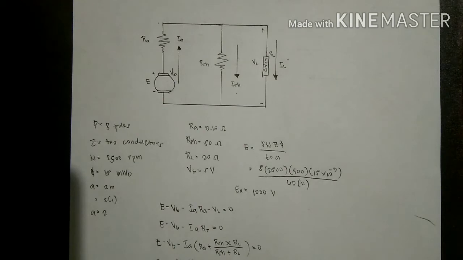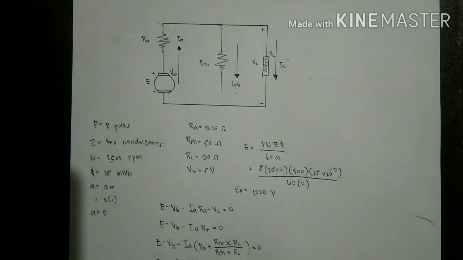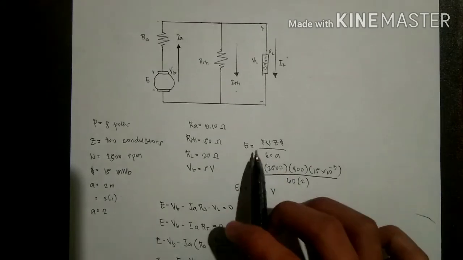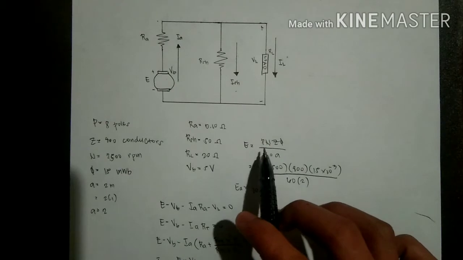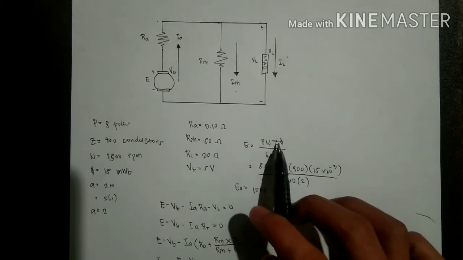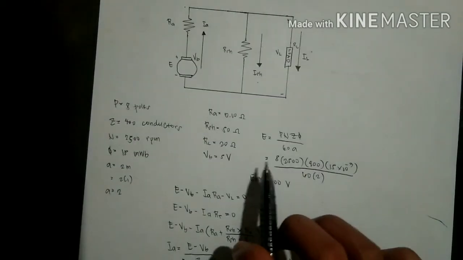The first thing we must do is to find the generated EMF in the armature. We already know how to calculate it using the EMF formula, which is E equals number of poles times the speed times the conductors times the flux per pole over 60A.